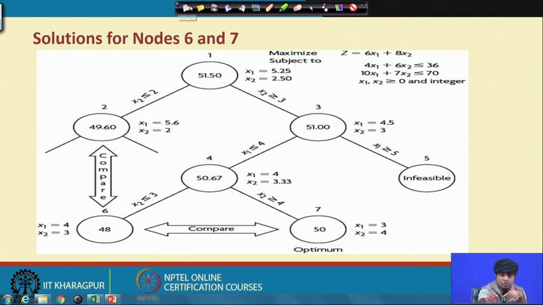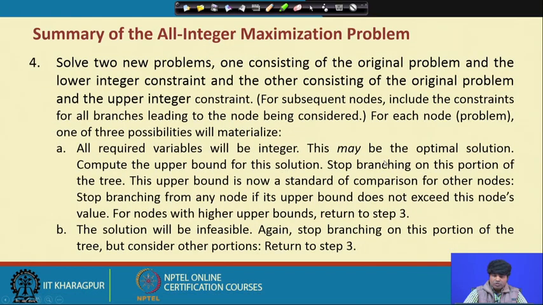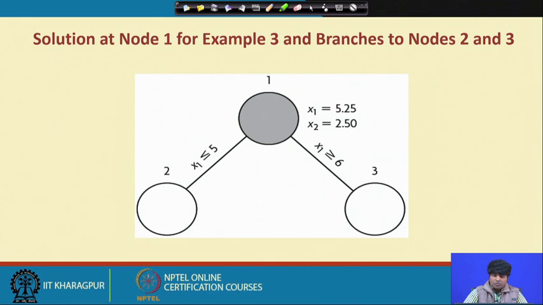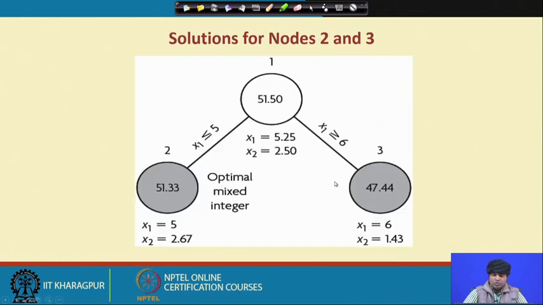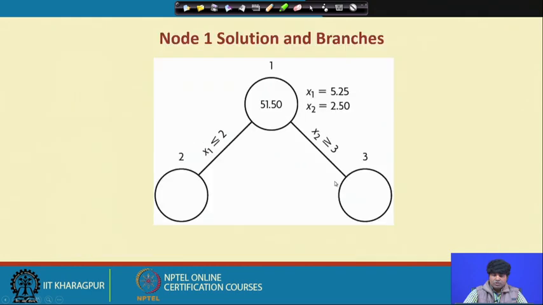So, now coming to the particular structure, we will find the other part of the problem which has two different branchings again, and then again we look for the solutions. Here we have x1 equal to 5.25 and x2 equal to 2.50, then x1 can have different divisions.